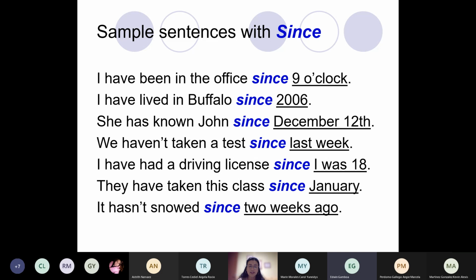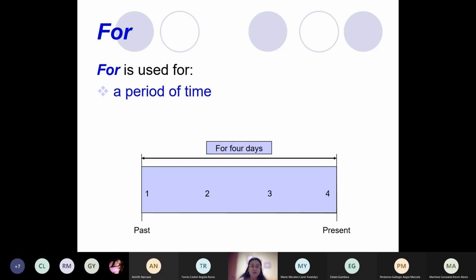Remember, Edwin, that you say since. It has snowed since 2 weeks ago. Remember, you say since when you are talking about a point in time. Now, for is used for a period of time.